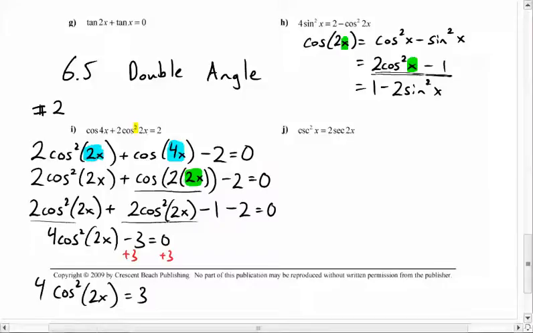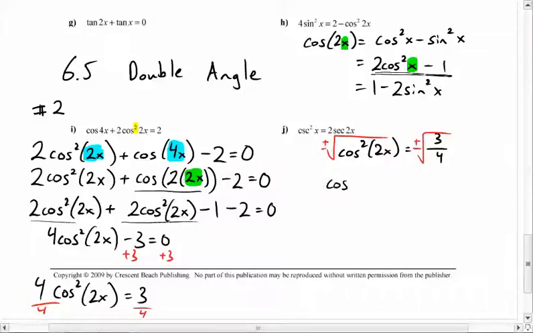And then I'll divide both sides by 4. So then I get cosine squared 2x is 3/4. And now in order to solve for cosine 2x, I can square root both sides. Just to make sure to take both the positive and the negative roots when I do that.